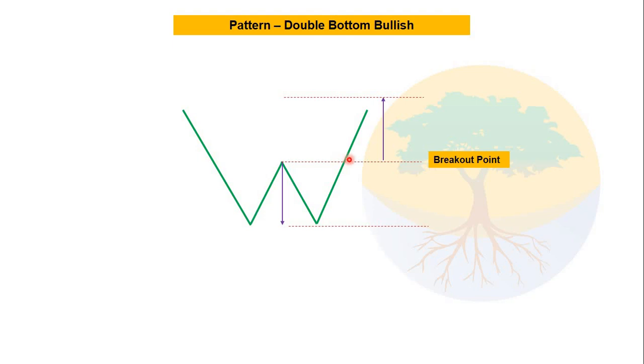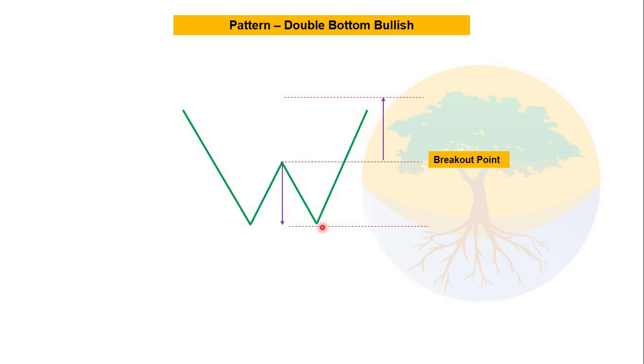Then when price moves above that line, you would consider it as confirmation, and the price target that you would be looking at is the same as measured from a line that is drawn on the support of the two bottoms to the apex of the inner triangle. Then that same range of price is projected above the breaking point. And when you project it upwards, that would be your profit target.